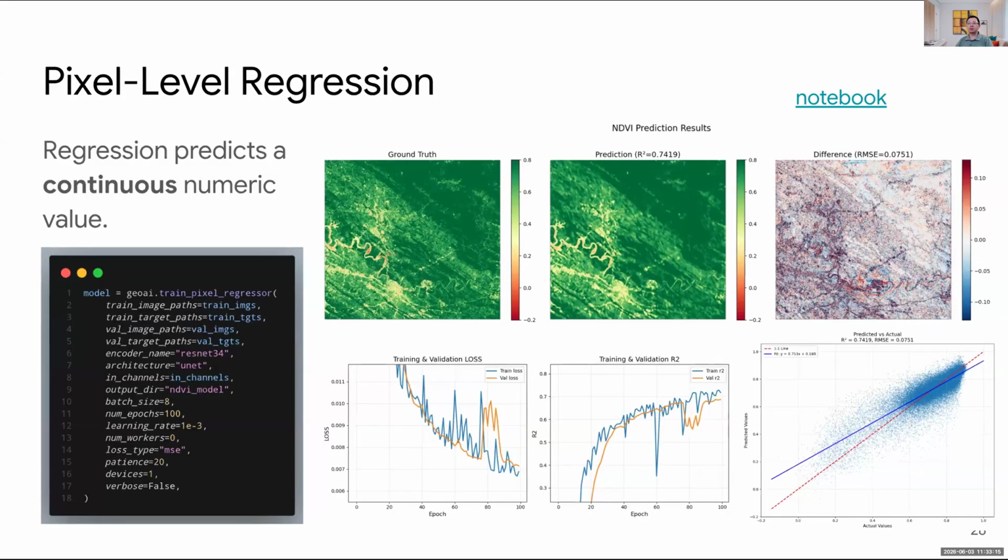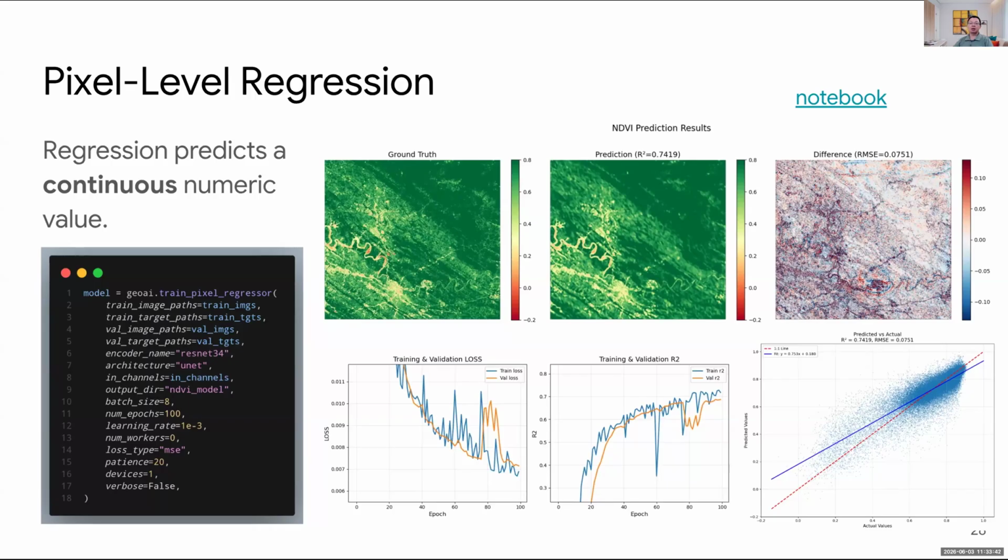Besides that, you can also do pixel level regression, because all the previous examples I showed you are mostly based on categorical segmentation. But sometimes you also want to predict crop yield, vegetation, temperature, something like that. Those are more like continuous predictions, not binary or integer predictions.